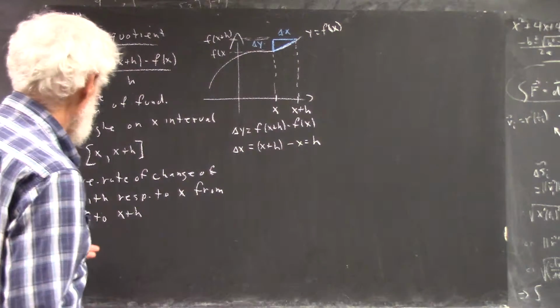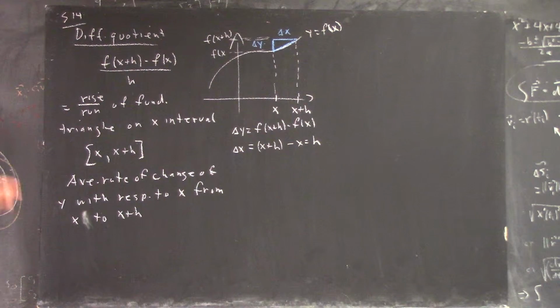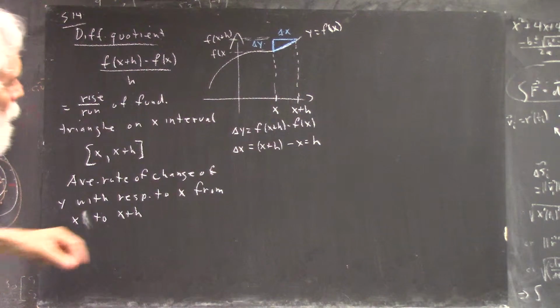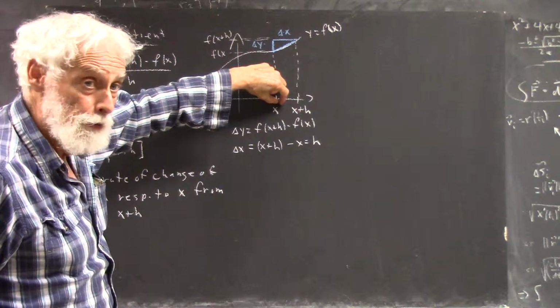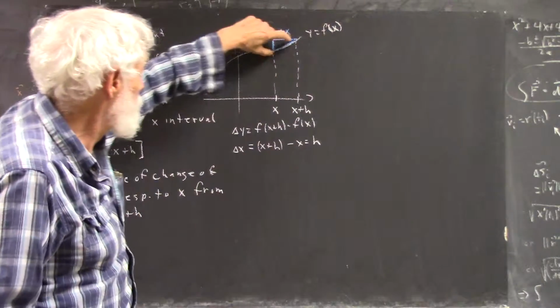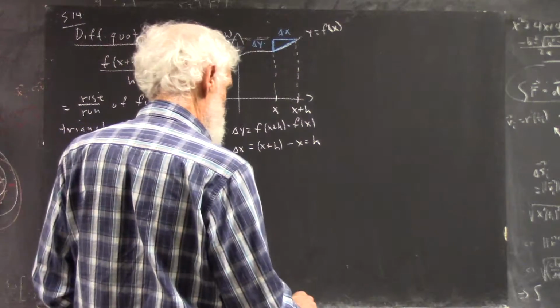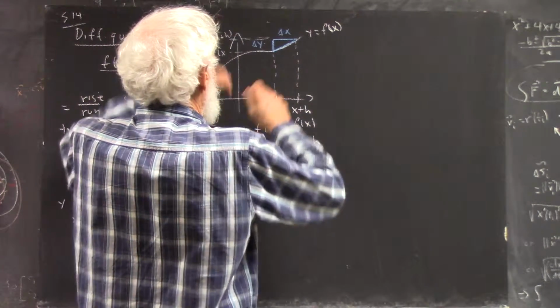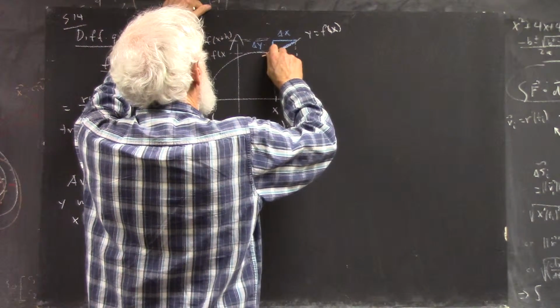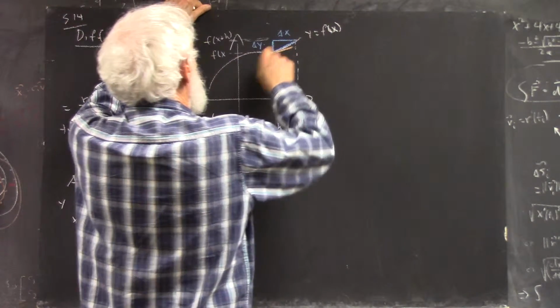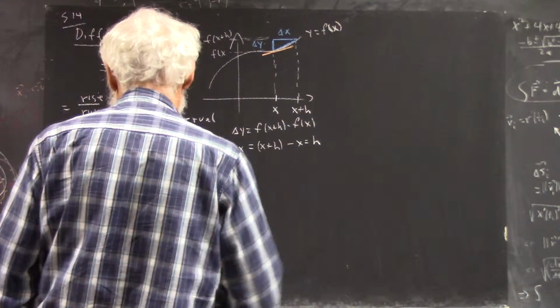So it's all these things. And if you let h approach 0, these slopes approach the slope of the tangent line at this point, the line that just touches the graph in one point.